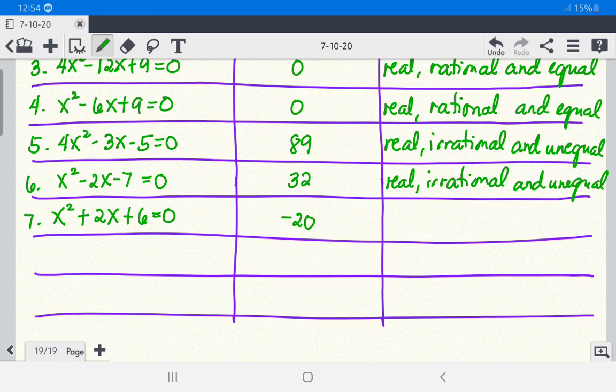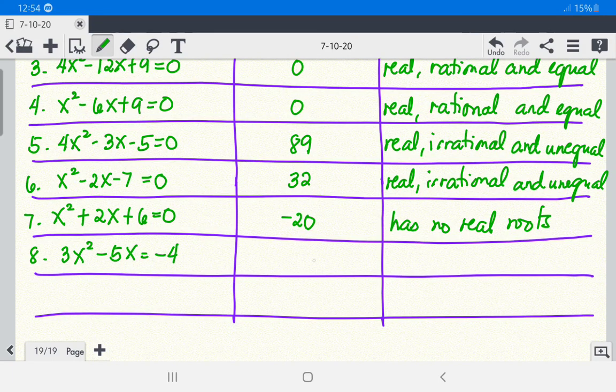Then, we can say that the nature of the roots is imaginary, or it has no real roots. Then, number 8, we have 3x squared minus 5x equals negative 4.